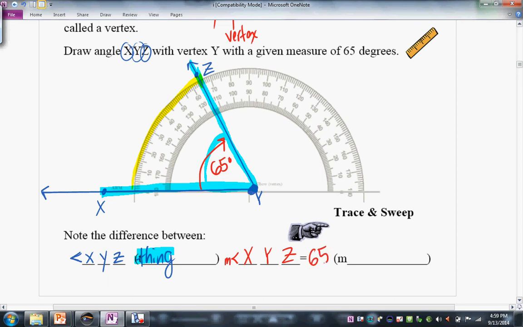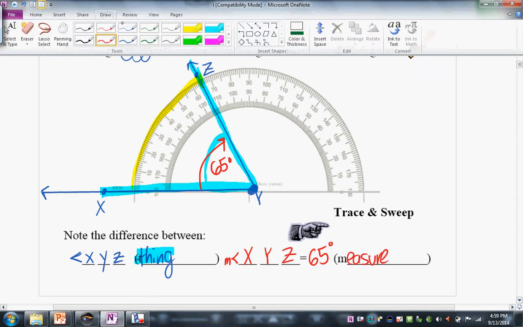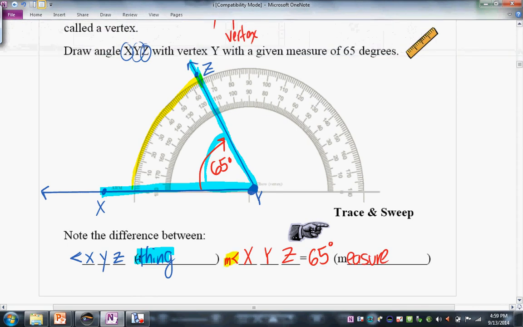So I'd write measure of the angle is 65. That's measure. So watch out. If I put that M there, that means measure of the angle, and I'm looking for the degrees. If it doesn't have the M, it means we're talking about the physical angle itself.